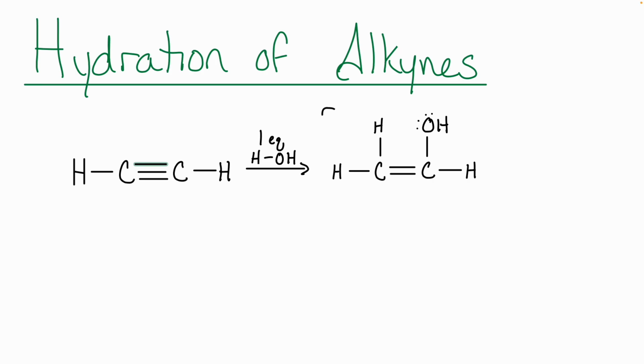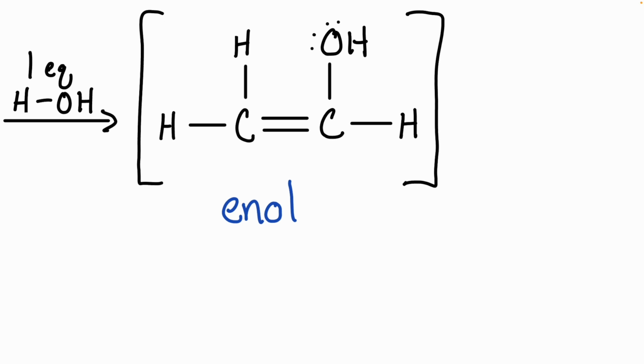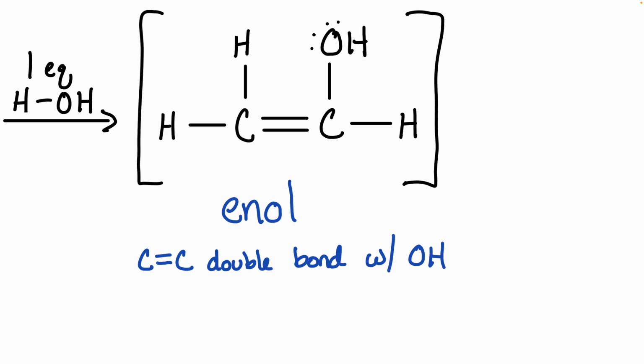This thing that we created in the middle here is what's called an enol. What do we think the ene in our enol refers to? Alkene. That carbon-carbon double bond, all right? And the ol refers to that alcohol group. So an enol means we have a carbon-carbon double bond with an OH group on that carbon.